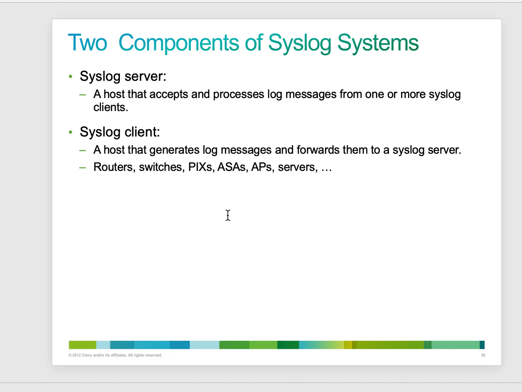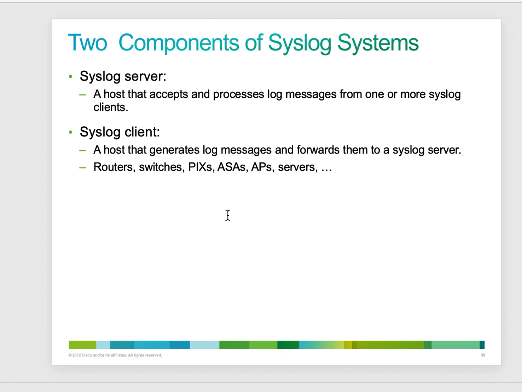Now, the two components of the syslog system are the syslog server and the syslog client. A host that accepts and processes log messages from one or more syslog clients is called the syslog server. The syslog client is a host that generates log messages and forwards them to the syslog server.